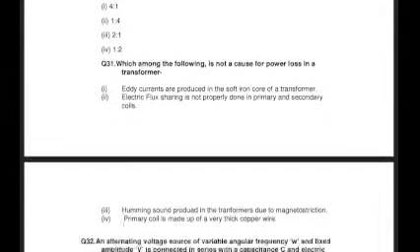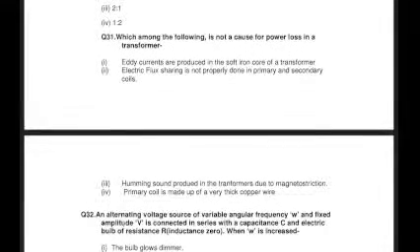Question number 31. Which among the following is not a cause for a power loss in a transformer? 1. Eddy currents are produced in the soft iron core of the transformer. 2. Electric flux sharing is not properly done in primary and secondary coils. 3.